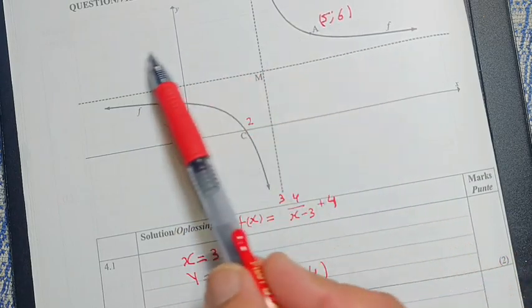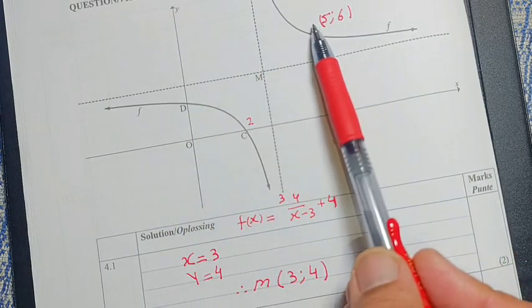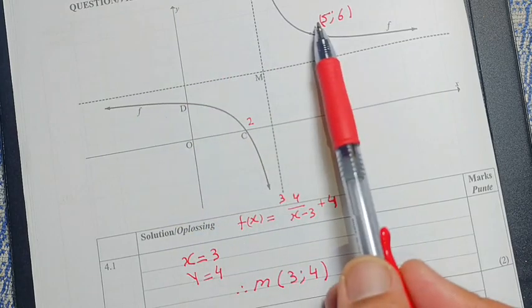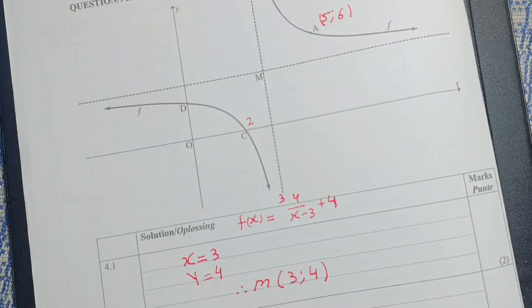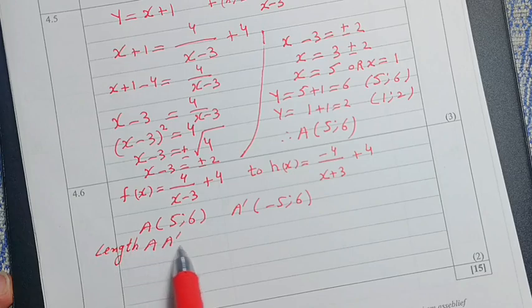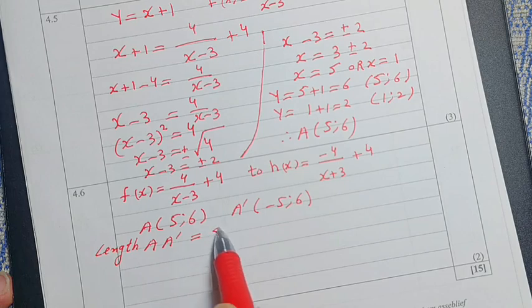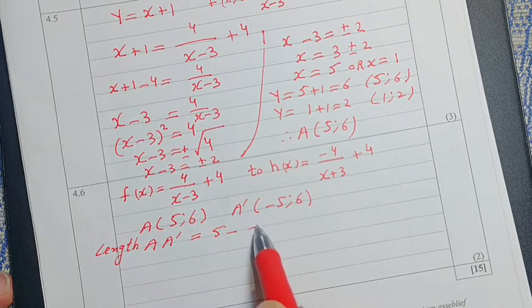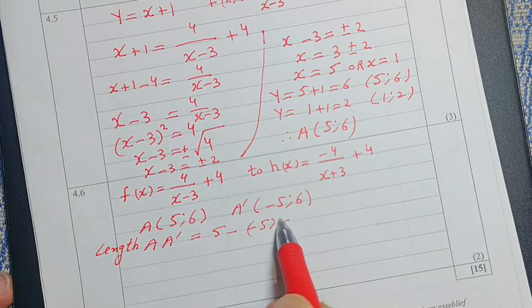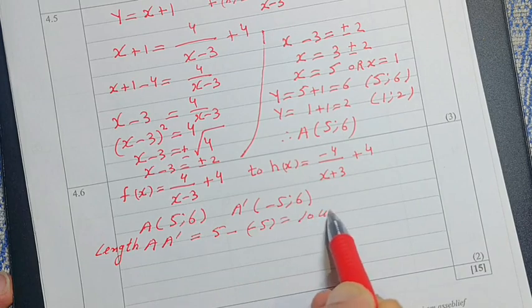Have a look, a straight line, and the x value is changing. So I can apply x right minus x left. That is going to work here. The length of AA prime is x right minus x left. X right is obviously 5, 5 minus negative 5. The answer is going to be 10 units.